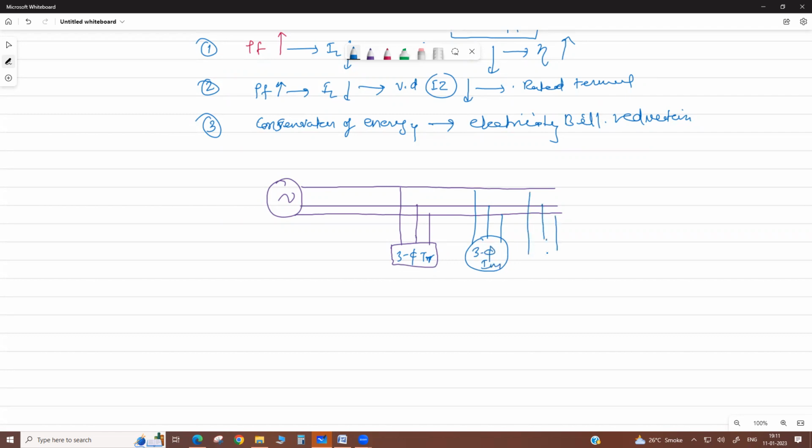But lighting loads are considered as unity power factor.